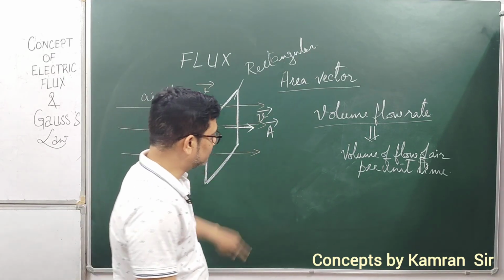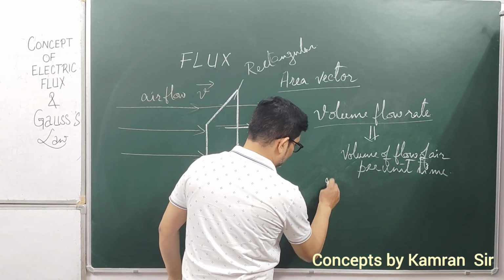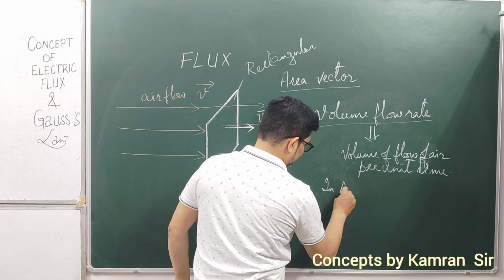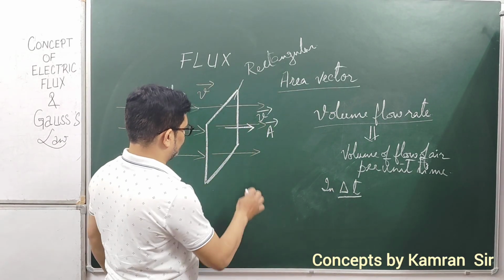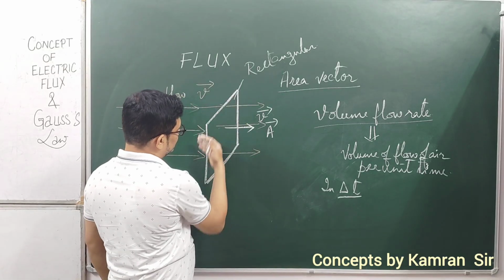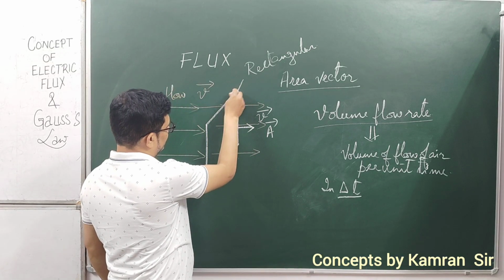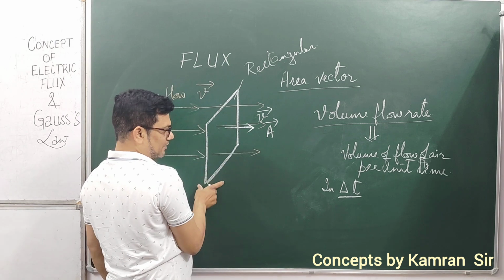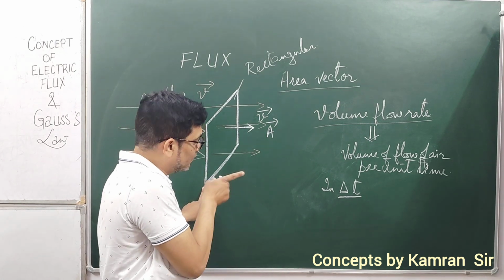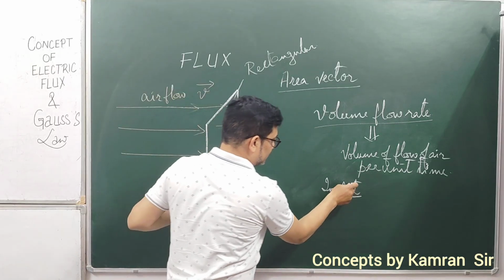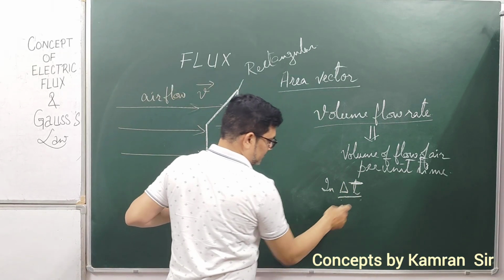Now, if we imagine the time interval to be delta t, in the time interval delta t we know this volume. What is this volume? This area, whatever value of area we have, multiplied by the distance it traveled in this time interval.